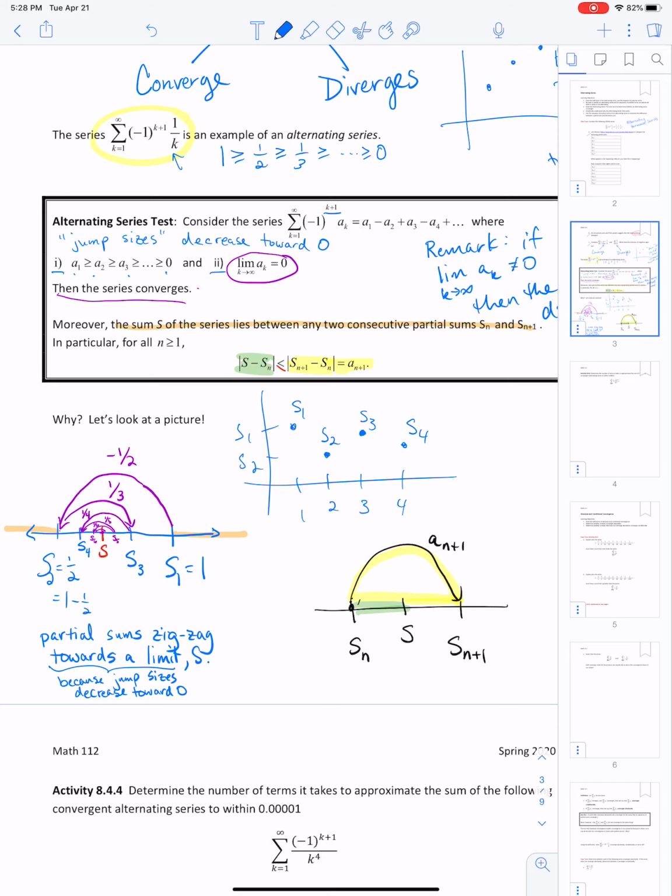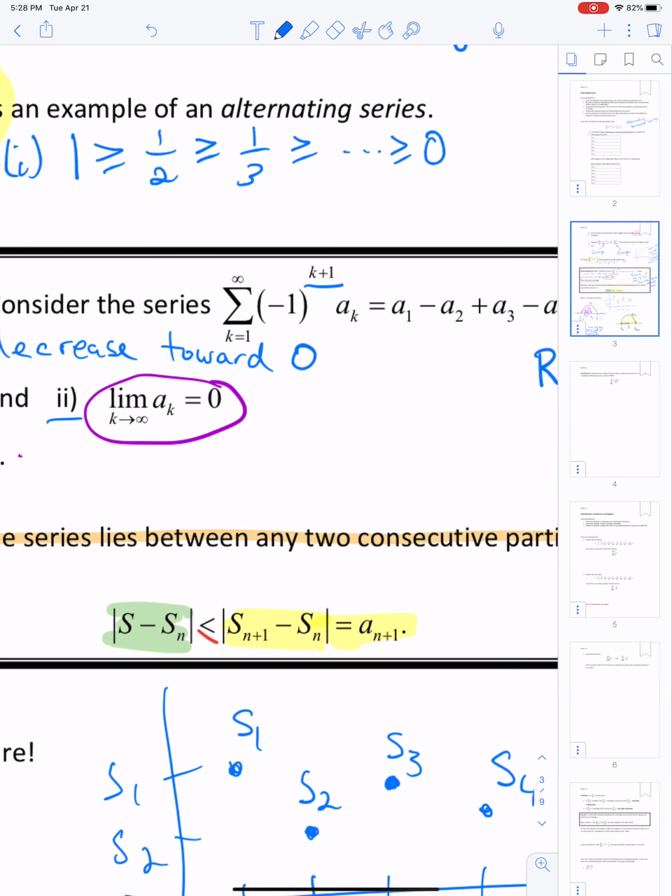And then the other thing I would need to check, so here's checking part 1, and then checking part 2, we would check that the limit as k goes to infinity of 1 over k is equal to 0. Sorry, this is getting a little crowded here, so I'm going to go ahead and move this up.